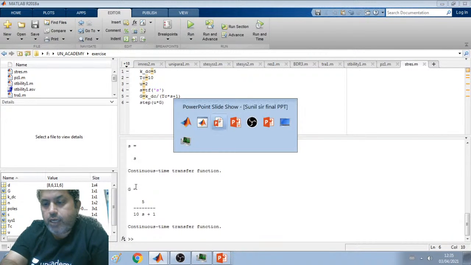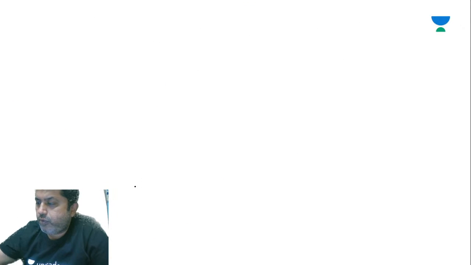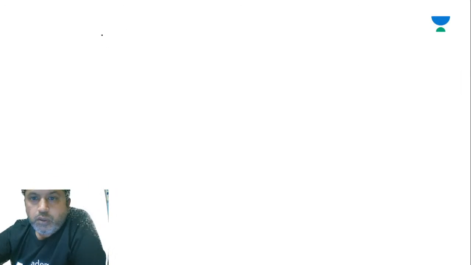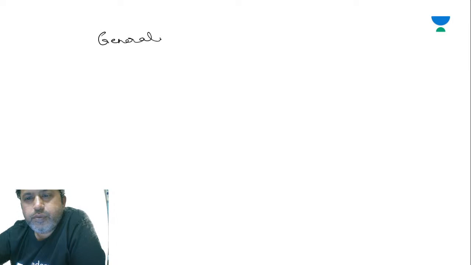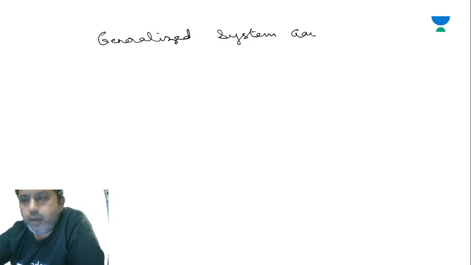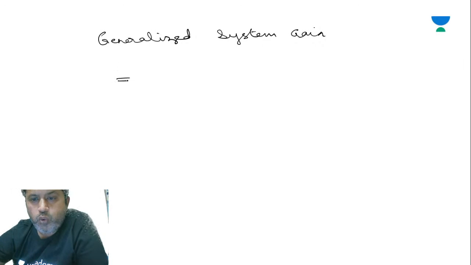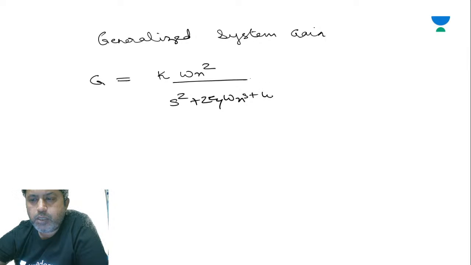So let us see one fundamental of this. The generalized system gain is equal to G is equal to K omega n square divided by S square plus 2 zeta omega n s plus omega n square. This is the generalized form of which system?